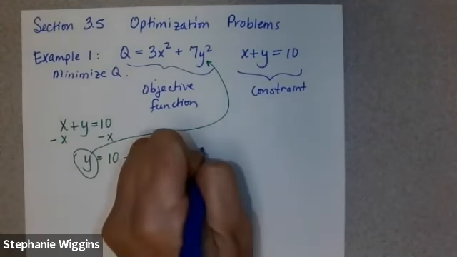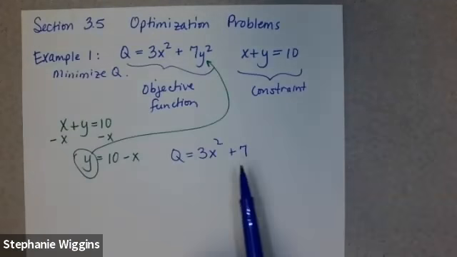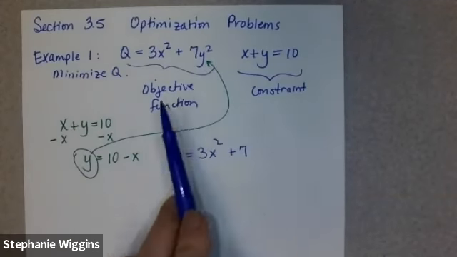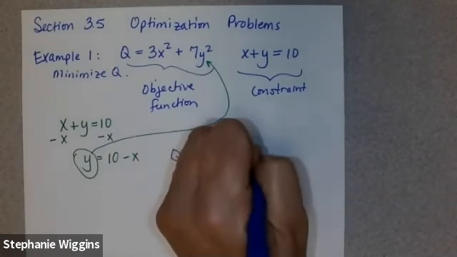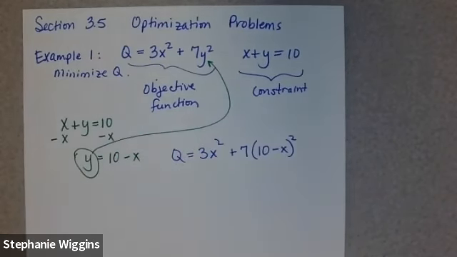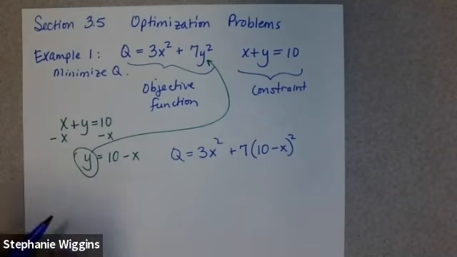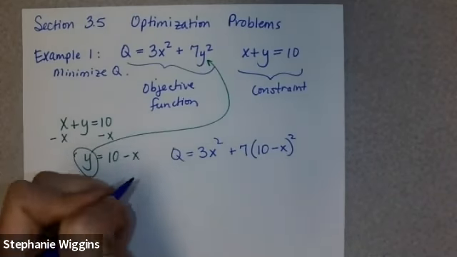So I get that Q is now going to be equal to 3x squared plus 7, and instead of having y squared, I'm going to put 10 minus x in place of the y and square that. So now we have a quadratic function in one variable, and so we can go ahead and find the minimum value.